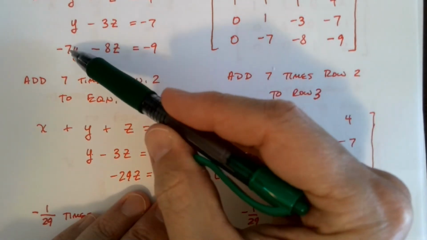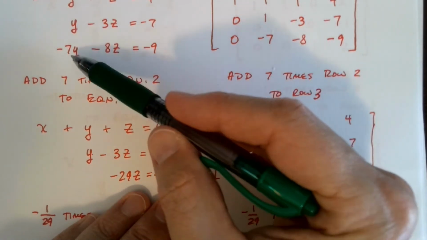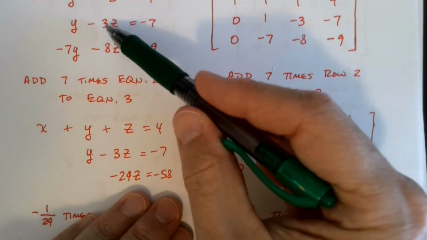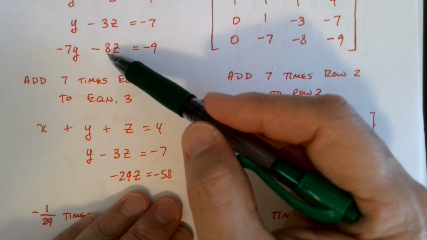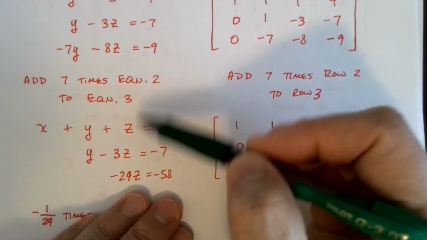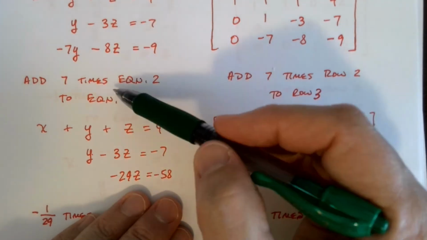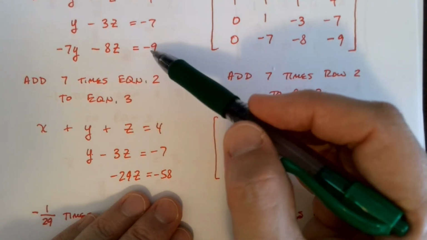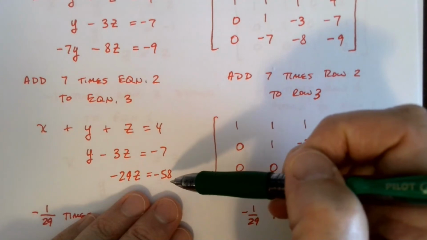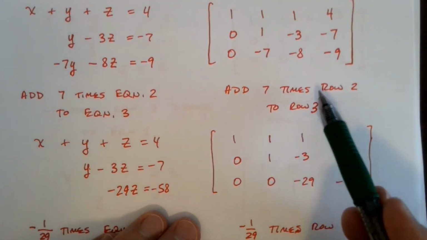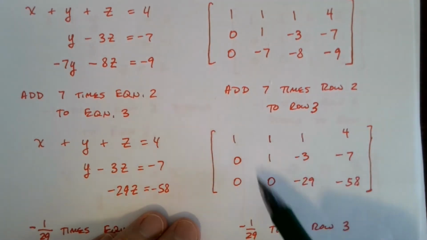So 7y and negative 7y is 0y. 7 times negative 3 is negative 21 plus negative 8. Negative 21 and negative 8 is negative 29z. And so on. All right. So 7 times this is negative 49. Negative 49 and negative 9 is negative 58. And here's the same thing I'm doing here. Add 7 times row 2 to row 3, and we get this corresponding thing.